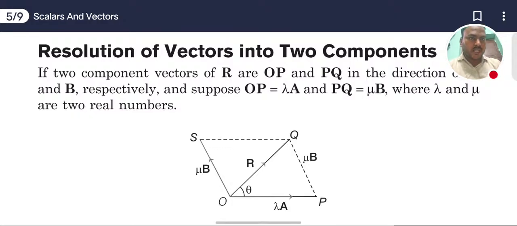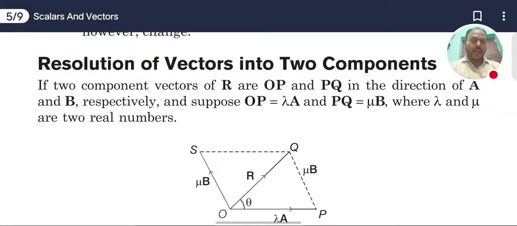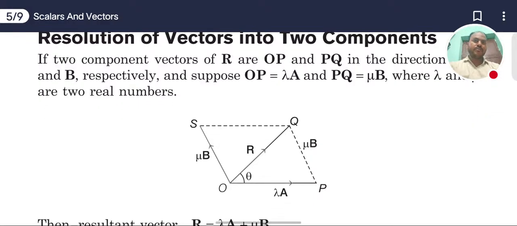This resultant is in the direction of vector A as well as vector B respectively.